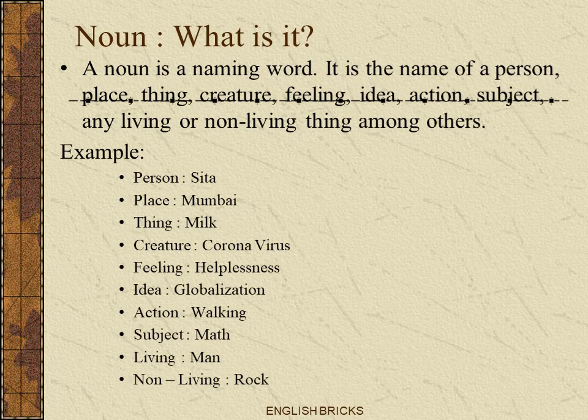The first one in our list is the noun. What is it? A noun is a naming word. It is the name of a person, place, thing, creature, feeling, idea, action, subject, any living or non-living thing among others. So anything that has a name is a noun. Say for example, I have given you a list of examples there.